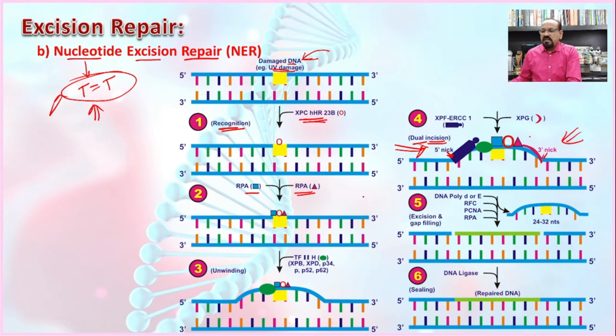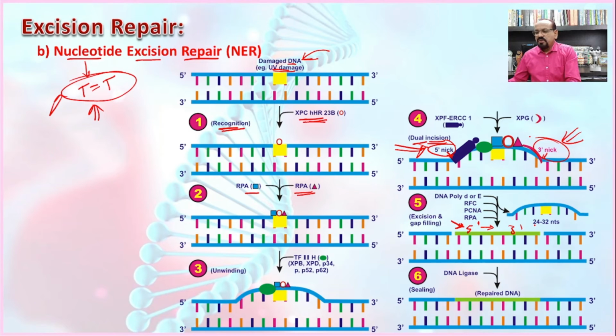Now the exposed nitrogen bases formed after the nick at the two different ends of the DNA strand, here there is synthesis of the new DNA strand in the 5' to 3' direction.